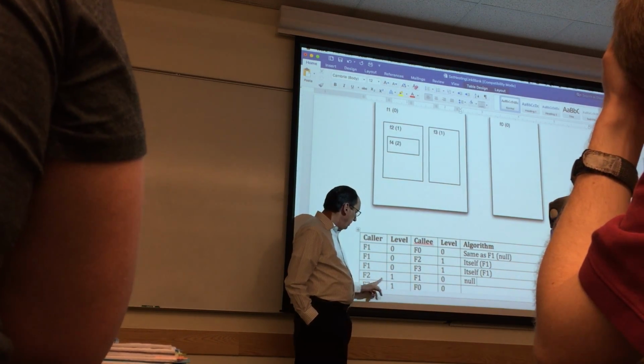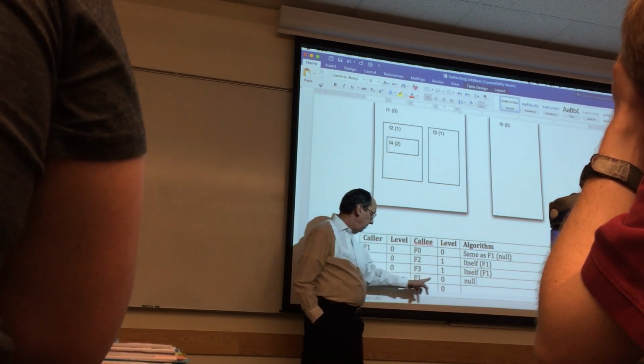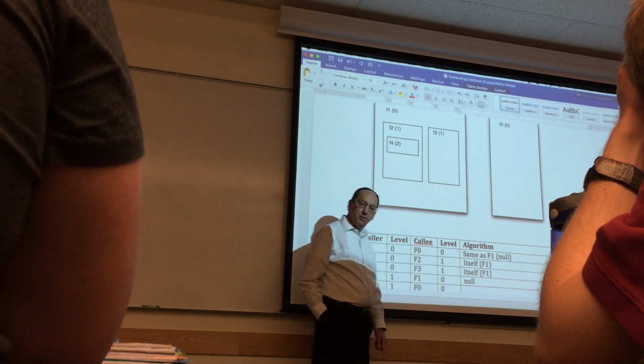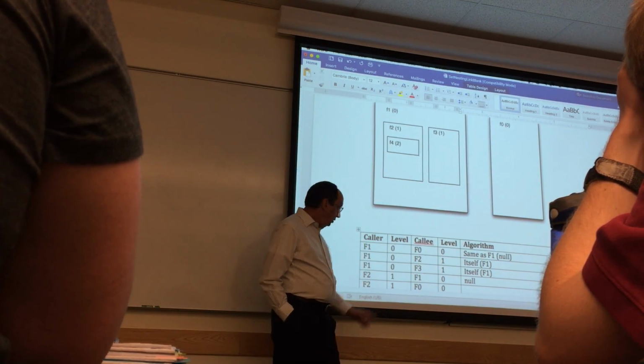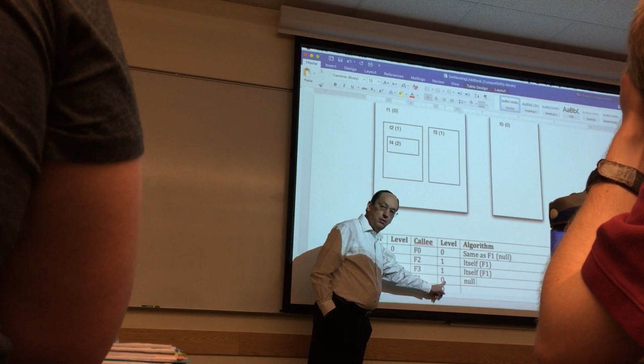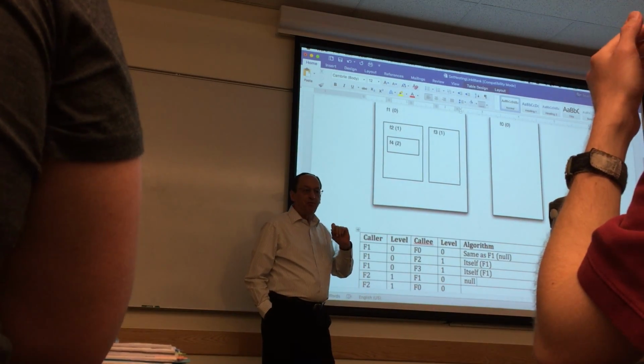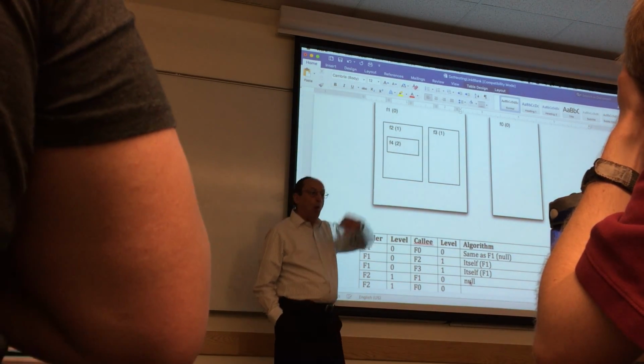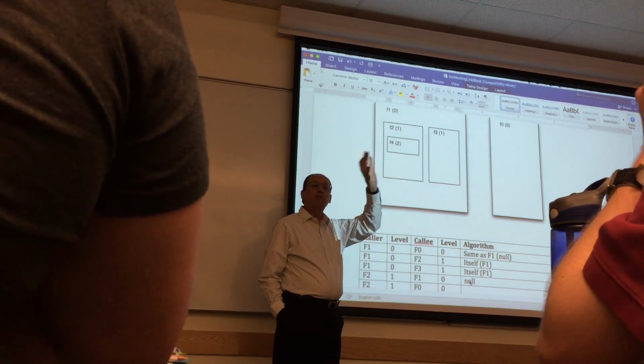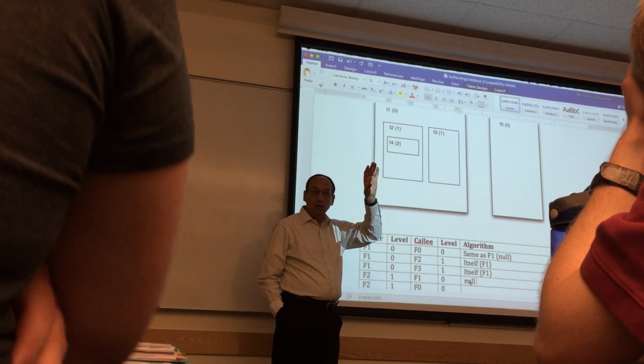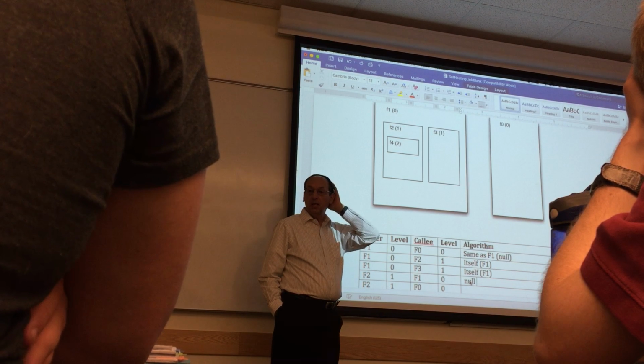So F2 is defined inside of F1, but F1 is at level 0. So you subtract 1 minus 0, and that says it needs to follow its nesting link one time up, and whatever the nesting link is there, that is going to be the nesting link of the call.